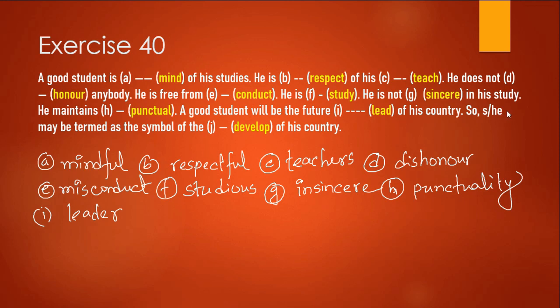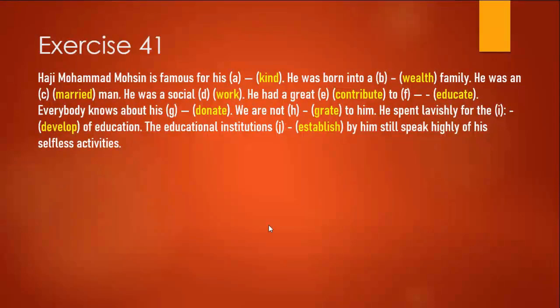So he or she may be termed as the symbol of development. Okay, so we have completed number 40. Now let's move into another one, that is exercise number 41.